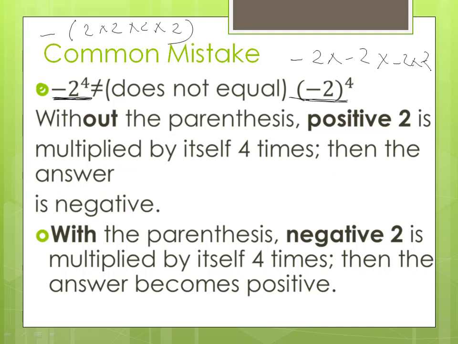So the answer here is what? It's negative 16, because we have the negative outside the bracket. And the answer here is positive 16. So the place of the brackets is very, very important. Negative 2 to the power 4 does not equal negative 2 inside brackets to the power 4.